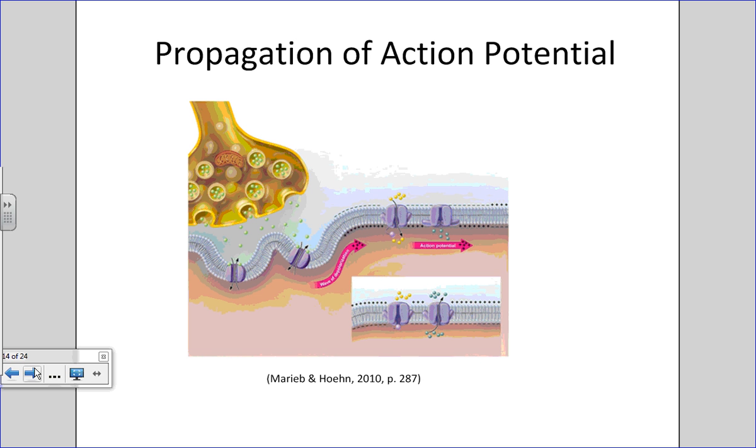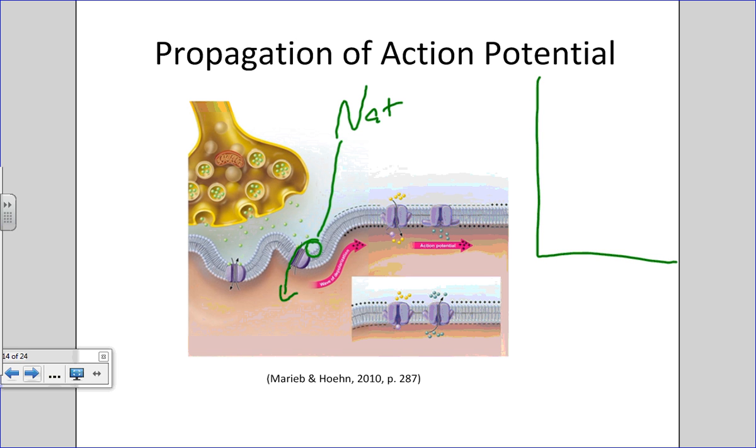Remember that acetylcholine will be released, and these receptors are essentially sodium channels, because there's more extracellular sodium than intracellular sodium here. So as sodium diffuses inward, if we were graphing this, let's say this were at negative 90 millivolts, and we were releasing acetylcholine, and this would be 0, this would be positive 60.